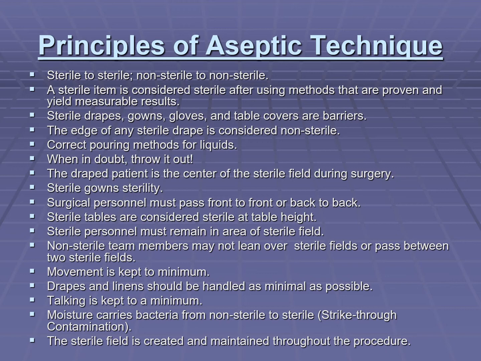A sterile item is considered sterile after using methods that are proven and yield measurable results. What does this mean? This means we are looking at several checks and balances, right? We talked about how when we sterilize things, we put a chemical indicator in there.